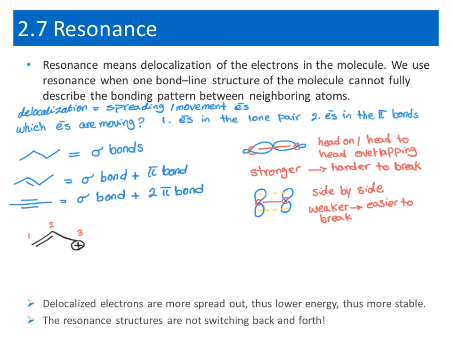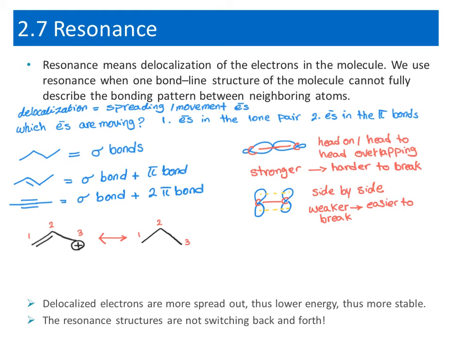Therefore, we need to draw a resonance structure for that. How do we do it? First, we need to use a double-headed arrow. This is a sign that shows I'm going to draw a resonance structure. And then to draw a resonance structure, what you need to do, as we just talked about, is to either move the electrons in the lone pair or electrons in the pi bond.